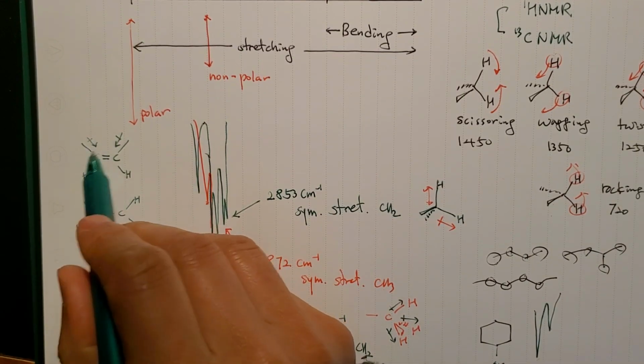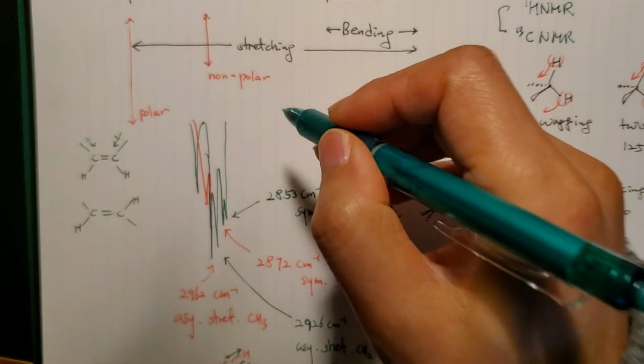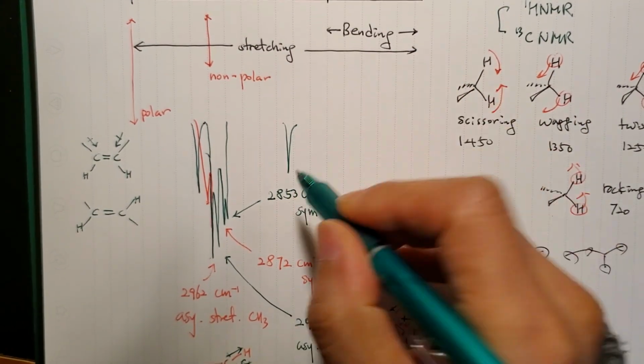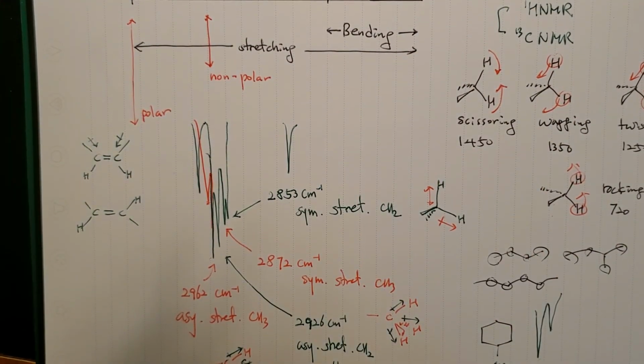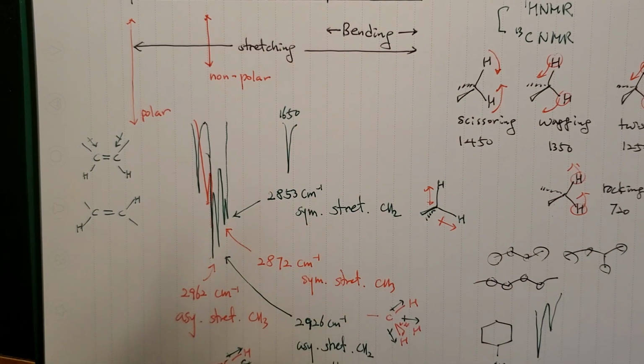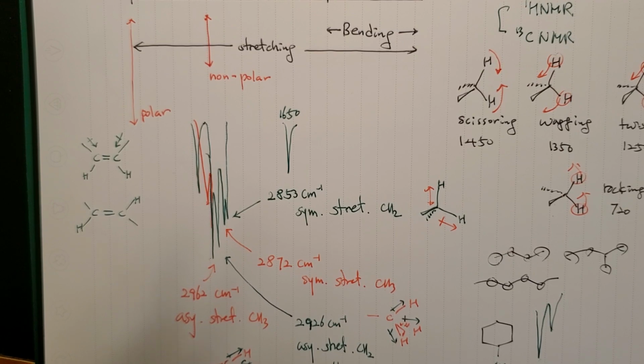Also, the double bond gives a signal around 1600, a little above 1600. I want to say it could be even 1650, and somewhat, you know, visible size of the double bond peak for the cis isomer.